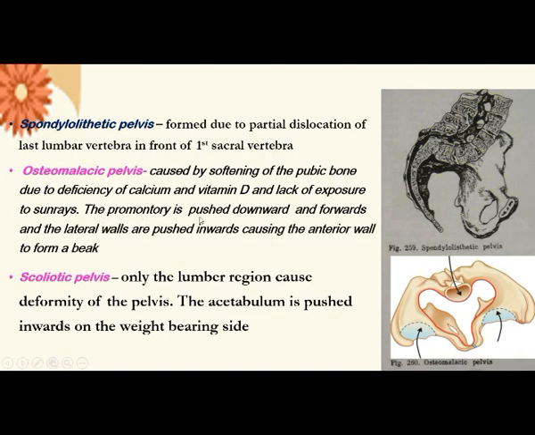The promontory is pulled downward. This is the sacral promontory. So the sacral promontory is pushed downward and forward, and the lateral walls are pushed inwards, causing the anterior wall to form like a beak. Okay, so this is the osteomalacic pelvis.